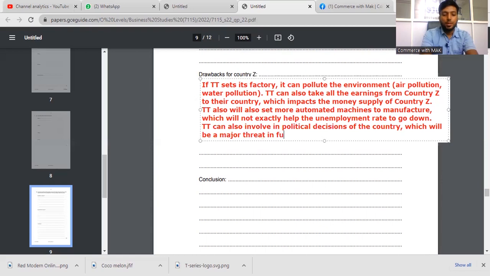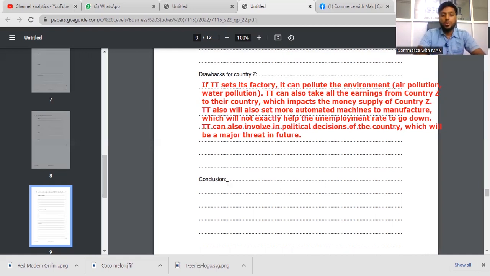So big companies will even involve in politics, like they will bribe the people in that particular country, and they will not let the work be done because they want their companies to survive. So multinational companies will do somehow to ensure that their companies are surviving by paying less taxes, by providing bribery. They will try to reduce the number of services they provide to the people.